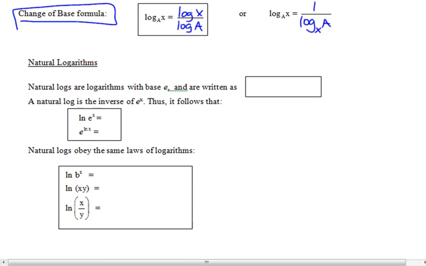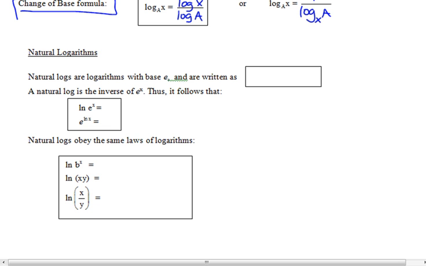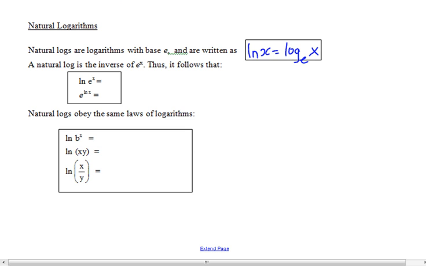Natural logs, we talked about Euler a little bit yesterday. That's the natural log of x, which is a log with base e. It's written ln, L and n, so ln of x. We can carry our laws down.